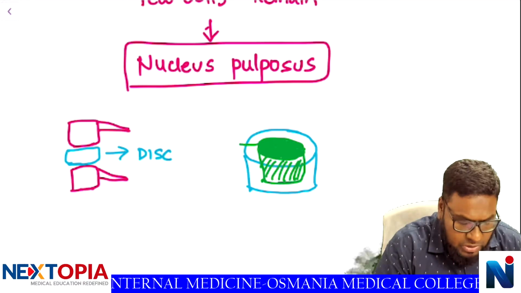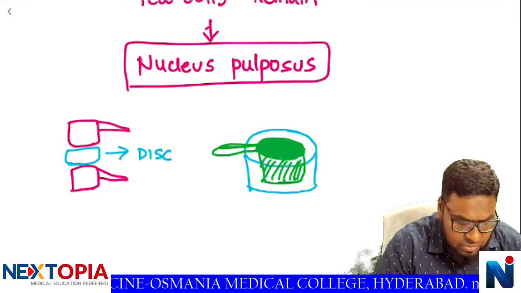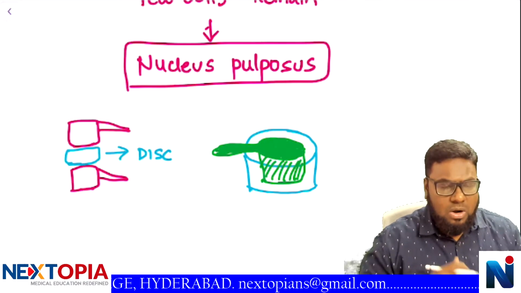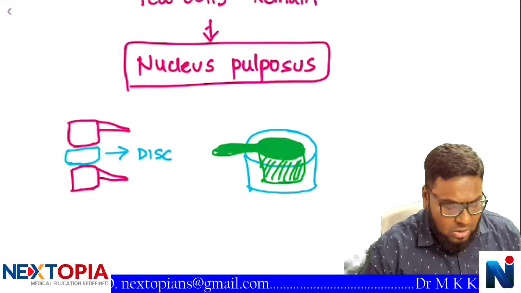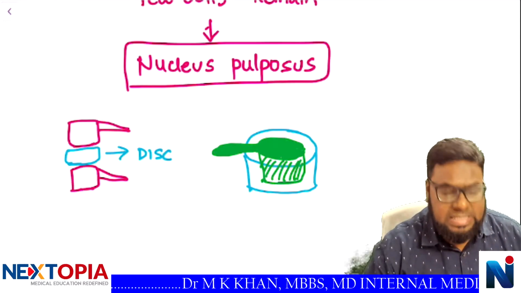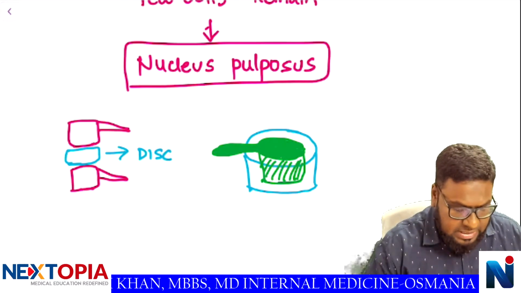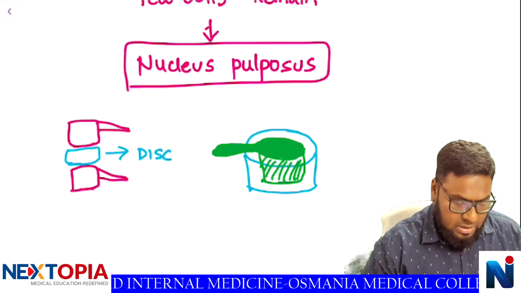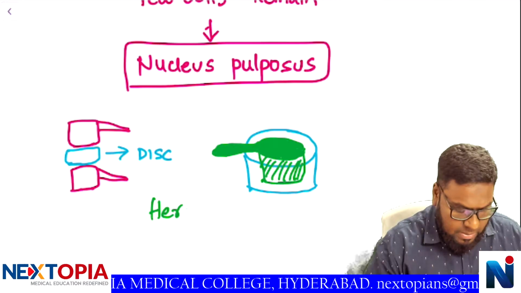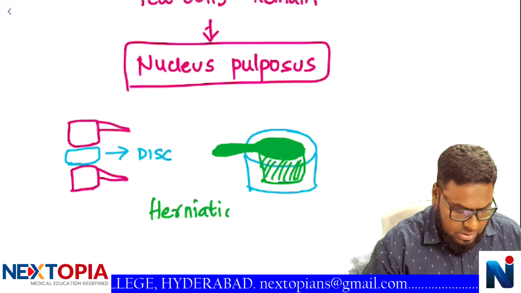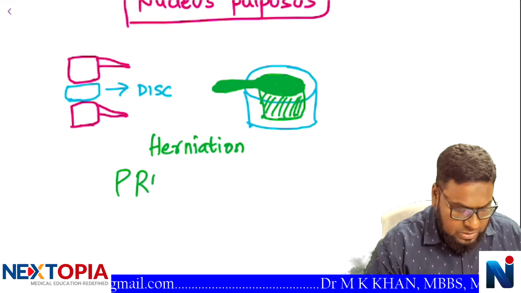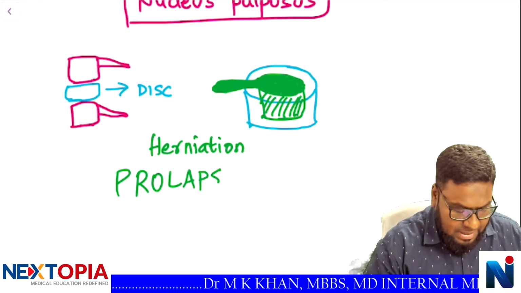Sometimes there is outpouching of the nucleus pulposus because of chronic bad habits of sitting or driving your vehicle, or in people who strain their spine a lot, who don't exercise, obese people. What happens is herniation of the disc. You call it herniation of the intervertebral disc. You also call this condition a prolapse of the intervertebral disc.